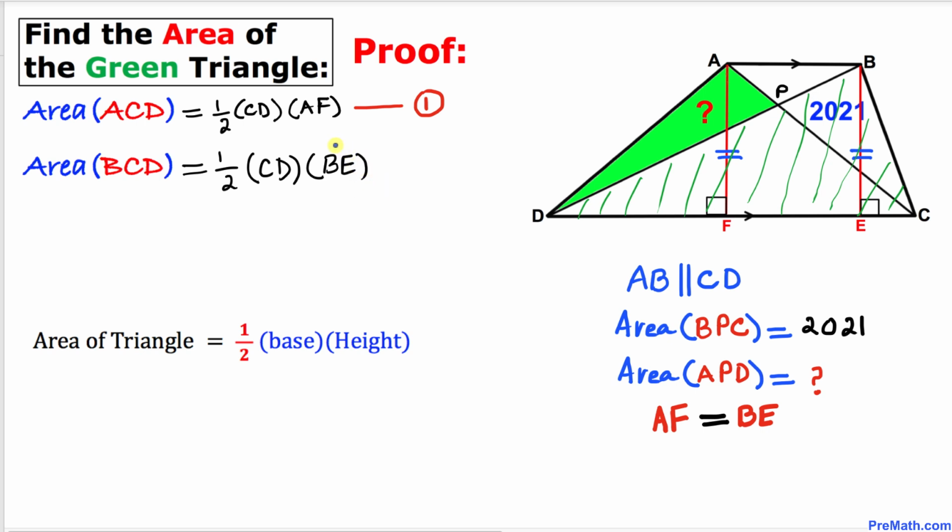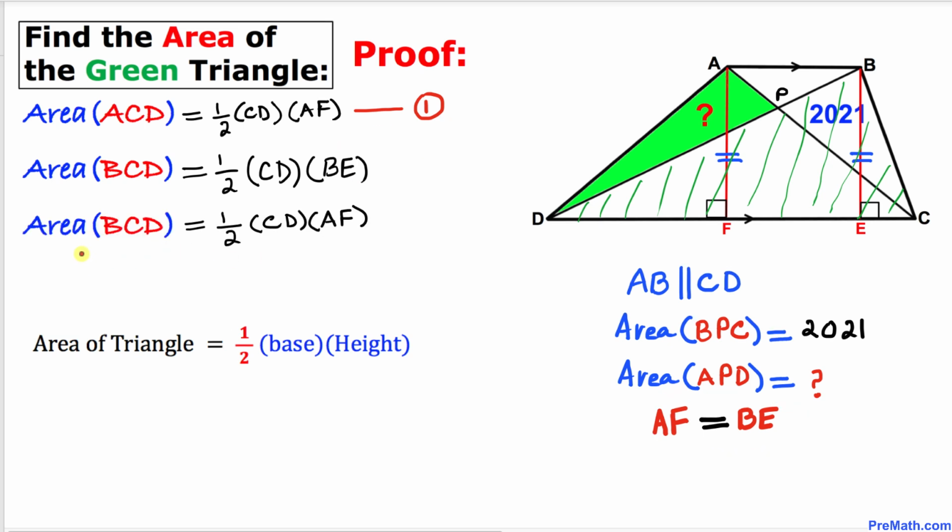Now we can see that this height BE is the same as height AF, so I'm going to replace it by AF. Therefore the area of triangle BCD turns out to be a half times CD times AF. I'm going to call this equation number 2.